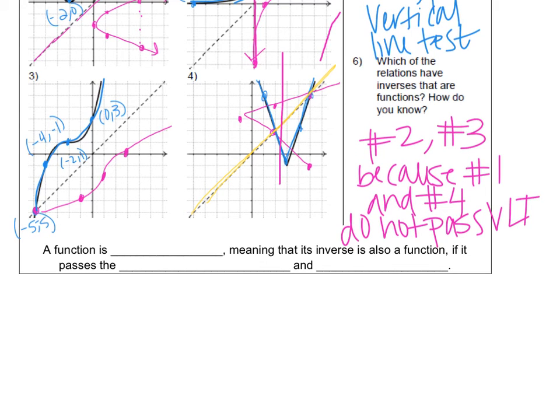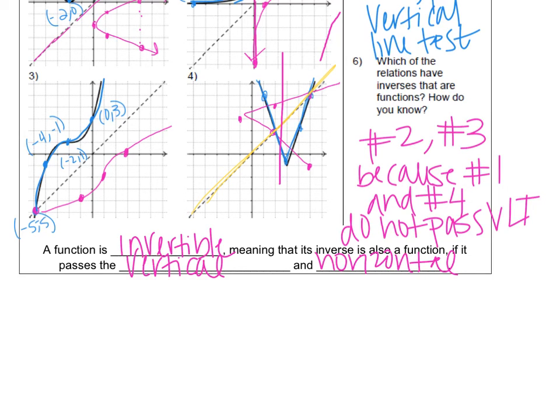So whenever a function and its inverse are both functions, it's called invertible. Meaning that its inverse is also a function if it passes the vertical and horizontal line test.